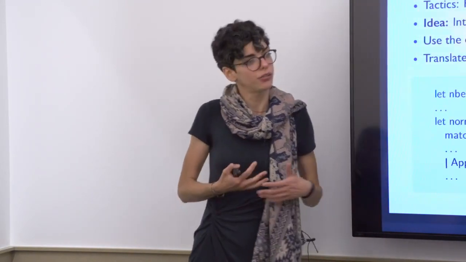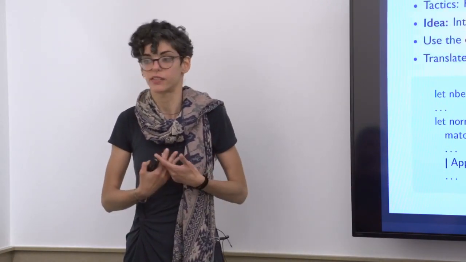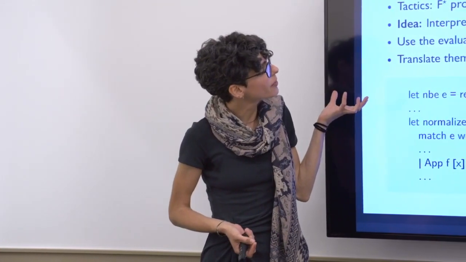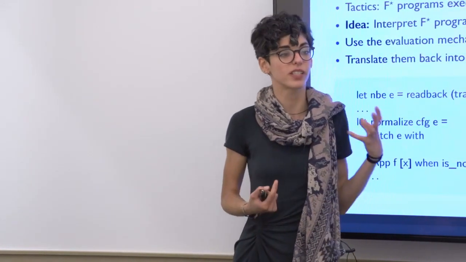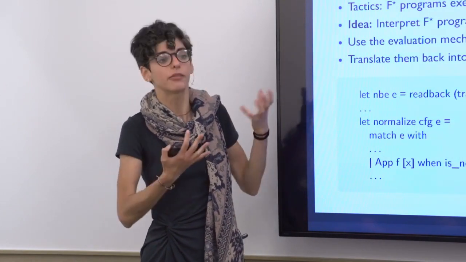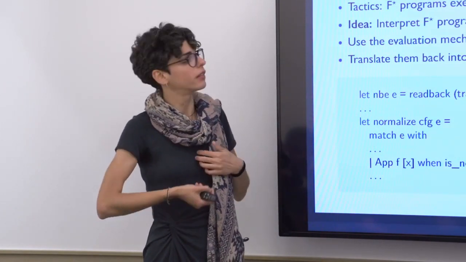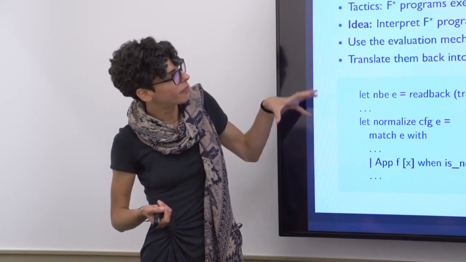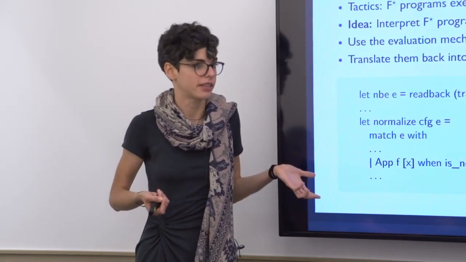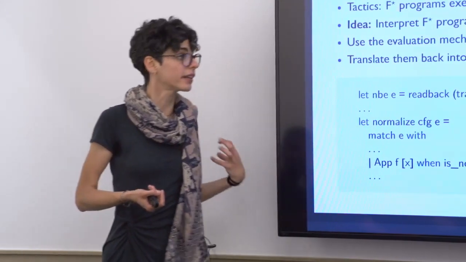So an idea, also followed by other proof assistants such as Coq, is to interpret F* programs in terms of OCaml programs, OCaml being the host language, the language where the type checker is written. And then use the evaluation mechanism of the host language in order to evaluate these terms, and then translate them back into F* values.